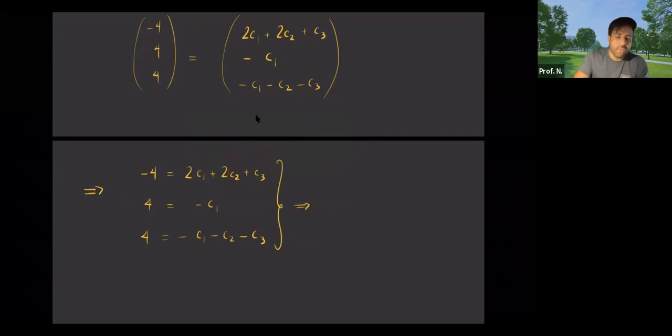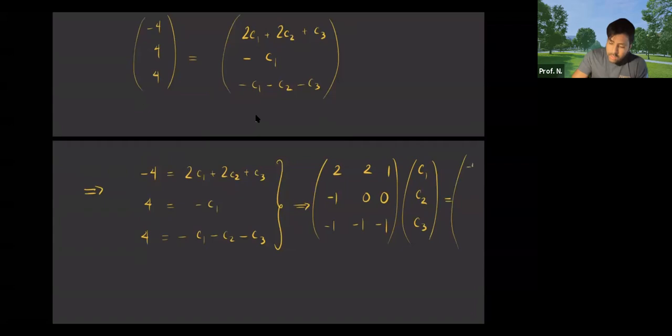So we can create a coefficient matrix: 2, 2, 1, negative 1, 0, 0, negative 1, negative 1, negative 1. Then the column vector would be C1, C2, C3, and this will equal the column vector negative 4, 4, 4.